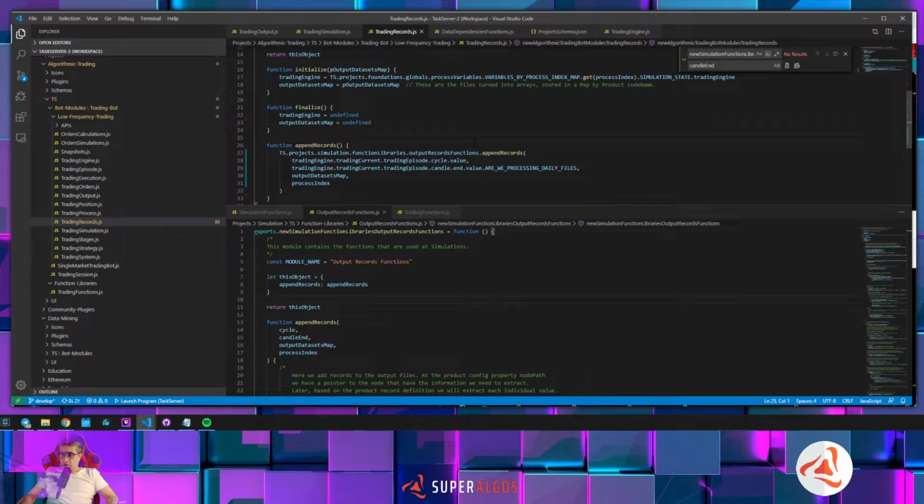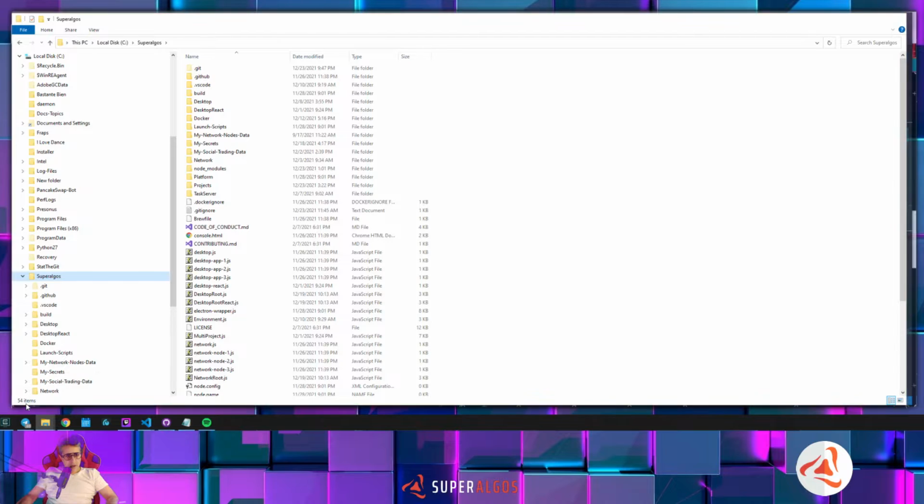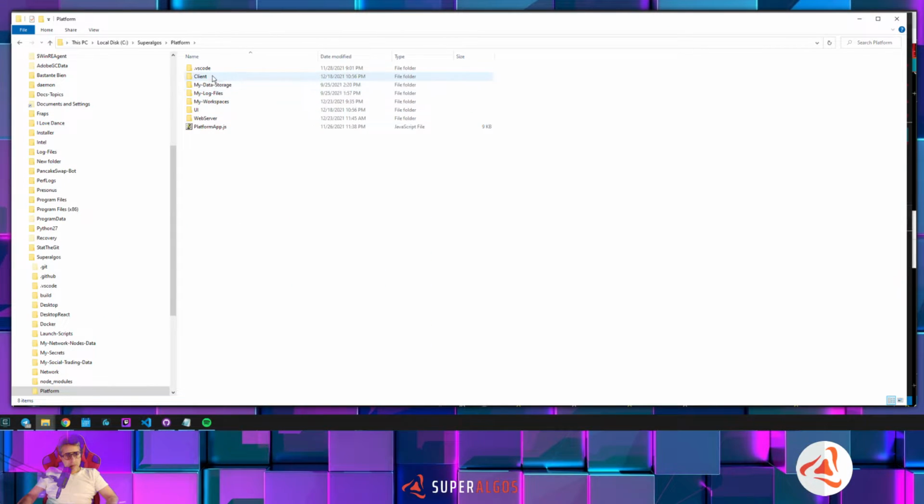So the way to test this is that we are going to come here, platform, my data storage, algorithmic trading.